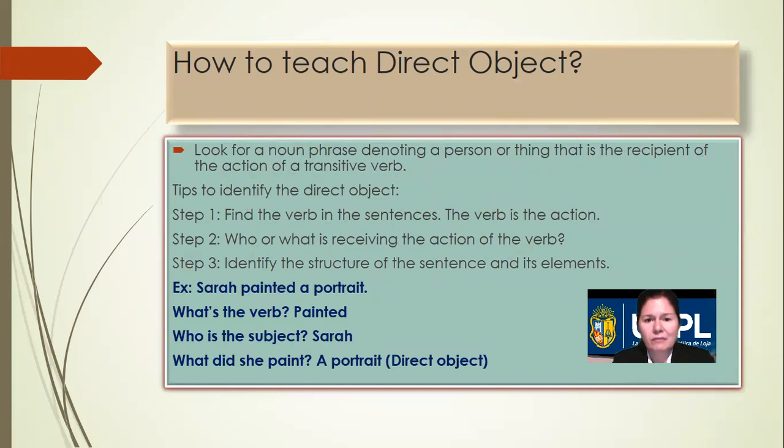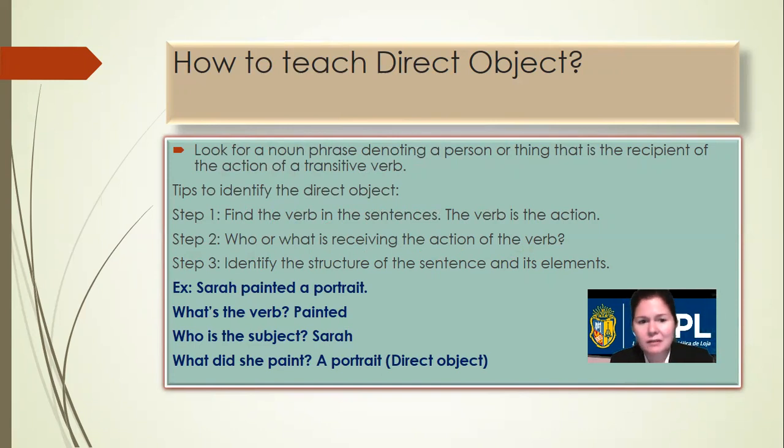Look for a noun phrase denoting a person or thing that is the recipient of the action of a transitive verb. Tips to identify: we need to identify in a clear way. We can follow those steps that I propose to you.